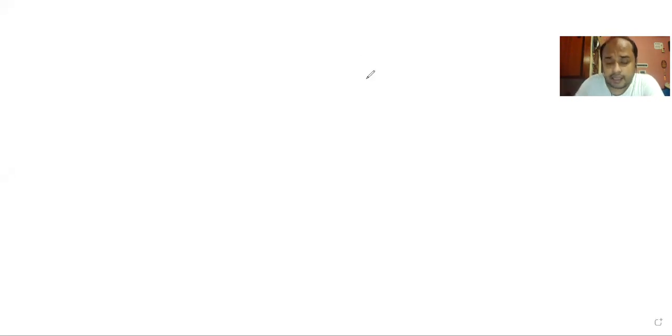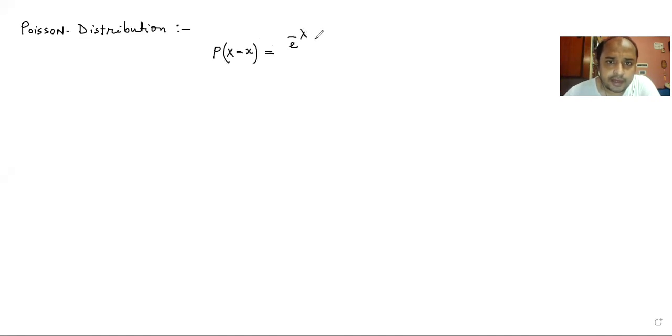Now, in the last class, we discussed the Poisson distribution. To start with, let me give the formula, or probability mass function, for the Poisson distribution so that it remains in front of us. I'm not going to write the entire definition. The formula was: probability of X equal to small x is e to the power minus lambda, lambda to the power x by x factorial.